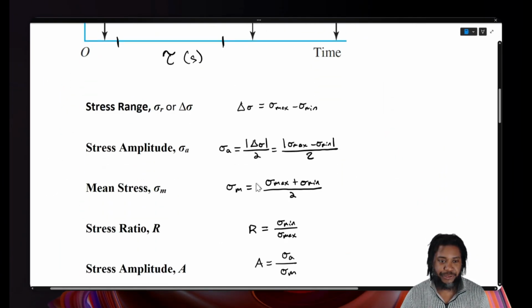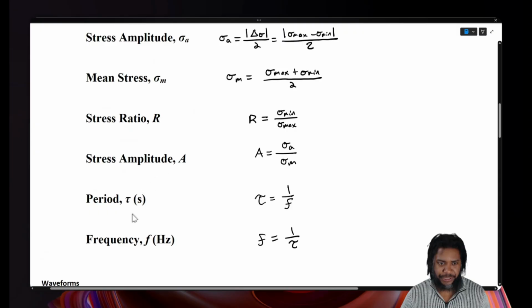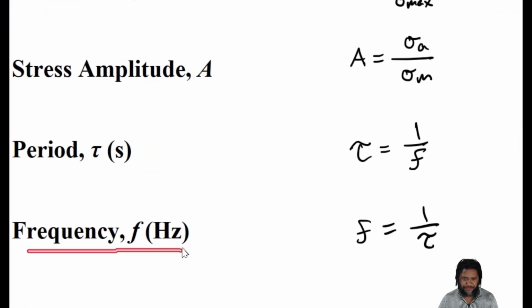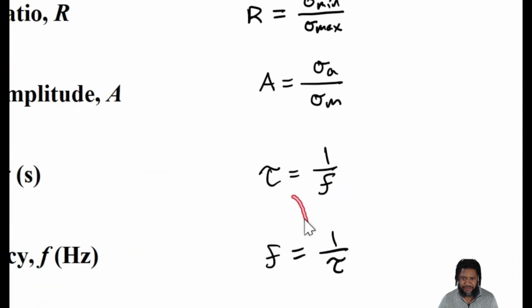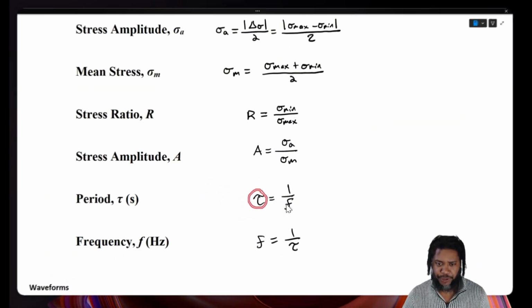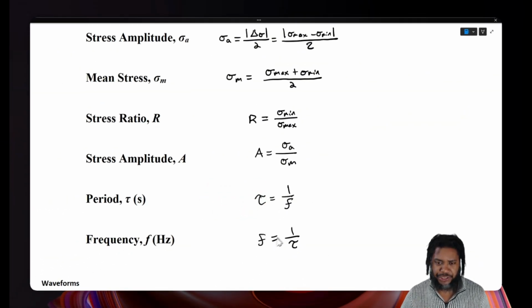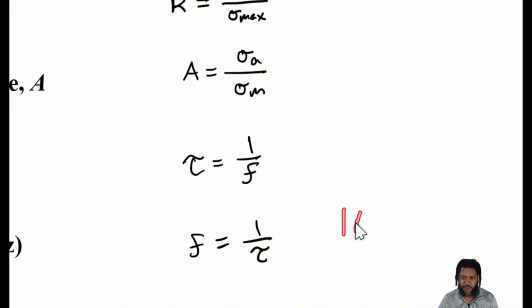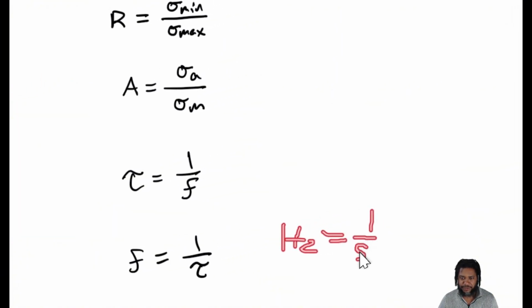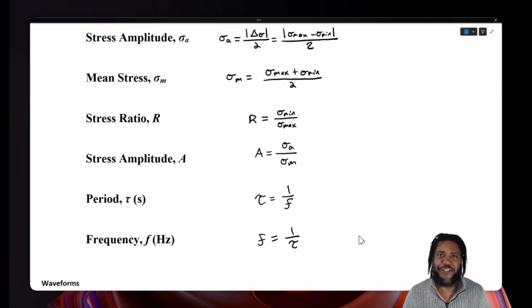So the period is in seconds, frequency is in hertz, and there is this relationship between them, where period is equal to 1 over frequency, and frequency is equal to 1 over period, where hertz is equal to 1 over seconds. So you can literally just divide them by each other, and they're in the perfect units, right?